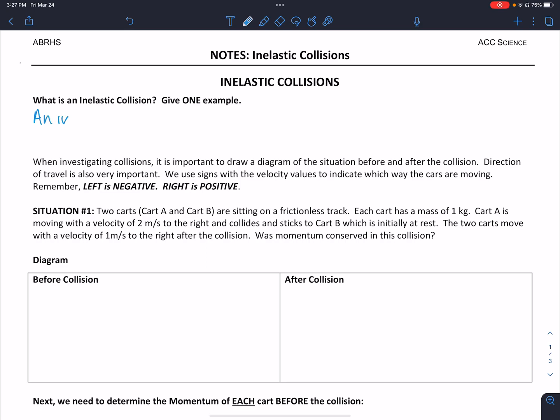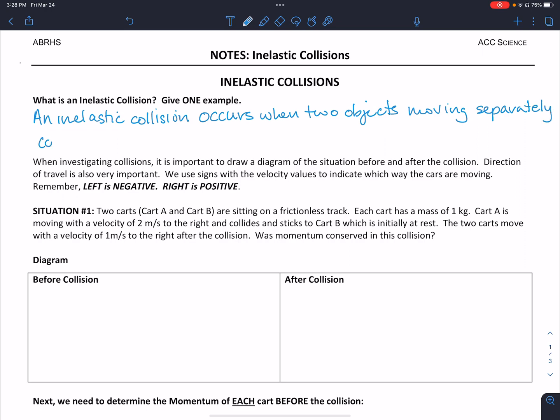An inelastic collision occurs when two objects that are initially moving separately collide and stick.